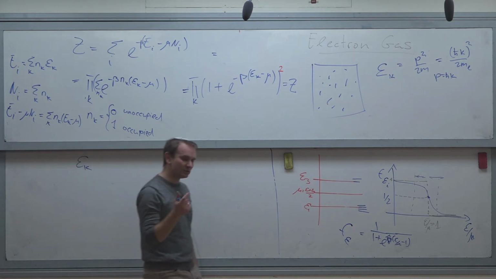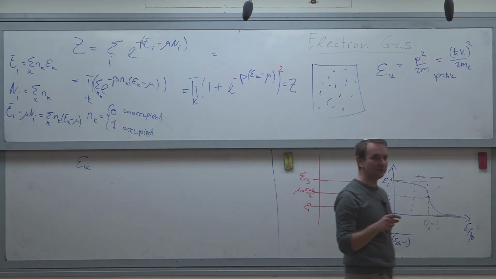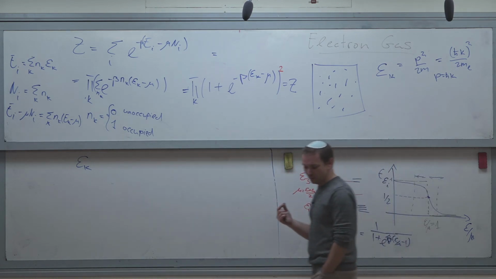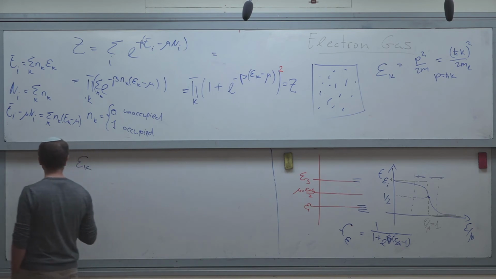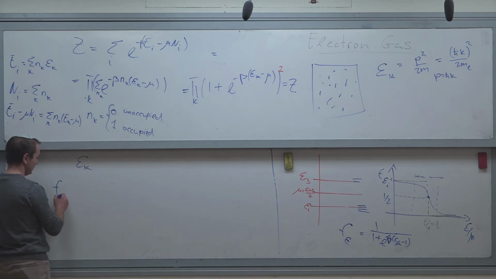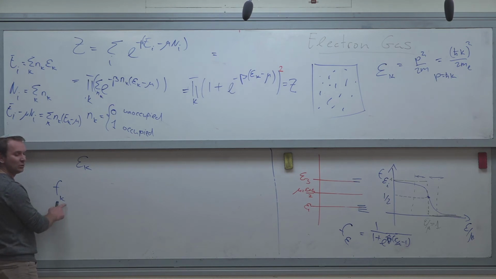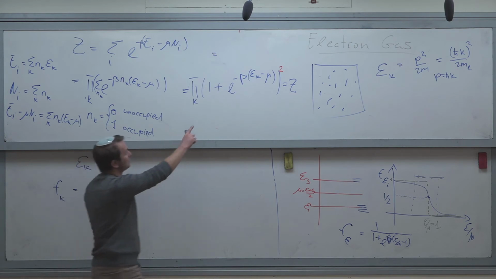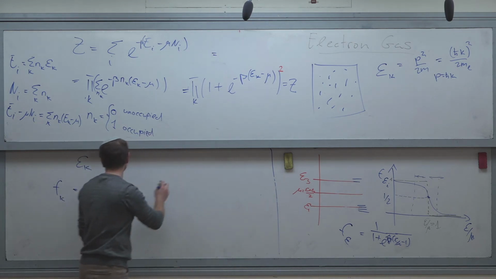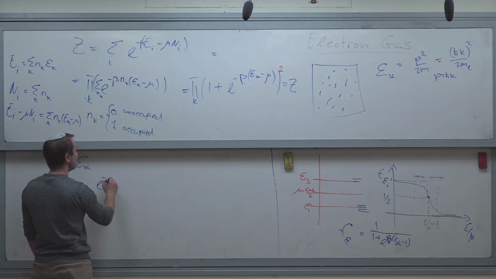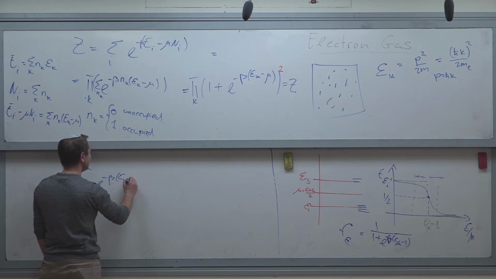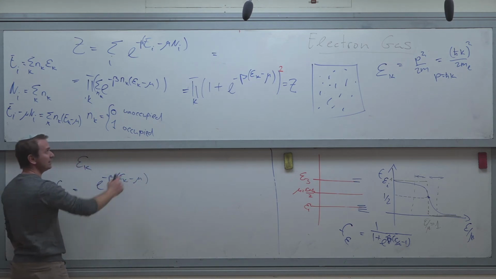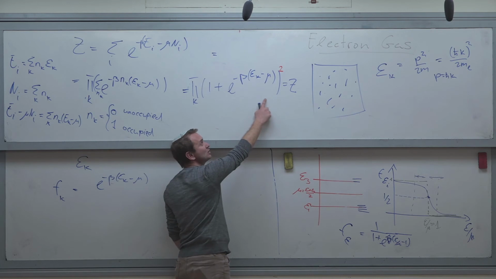Remember, each state is either occupied or unoccupied. The probability of a state with energy k to be occupied, Fk, is this prefactor, e to the power minus beta (epsilon k minus mu), divided by the partition function of this state.